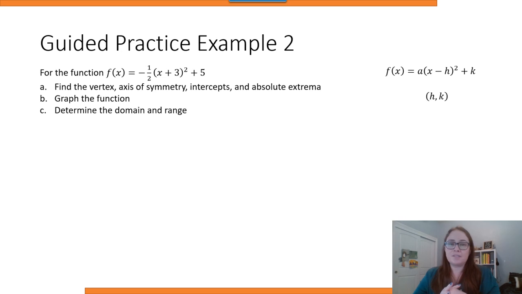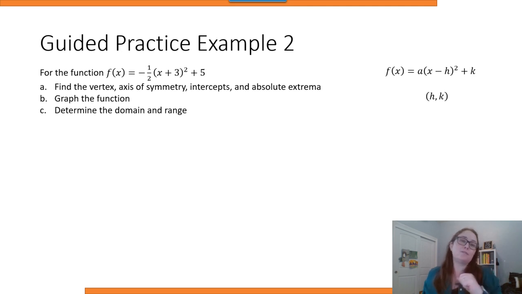Just reminding ourselves, the vertex form is in general a times x minus h squared plus k. And (h, k) is going to be the coordinates of the vertex. So for this one, I can see that the 5 is easy to pick out as my k value. Be careful when picking the h, because remember the general form is minus h, and I got a plus 3 here.